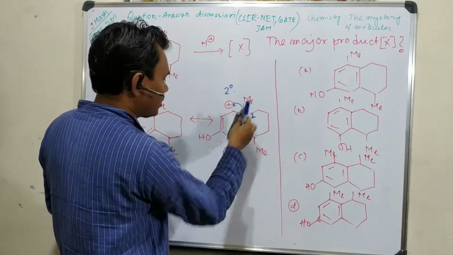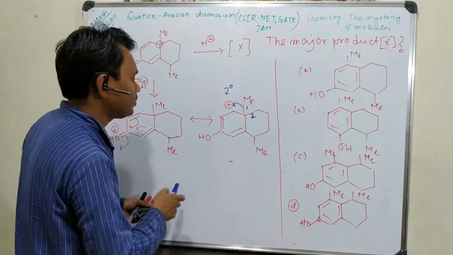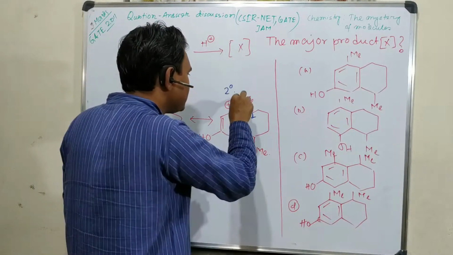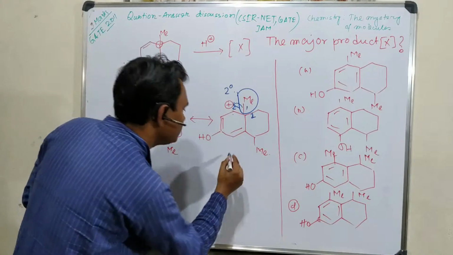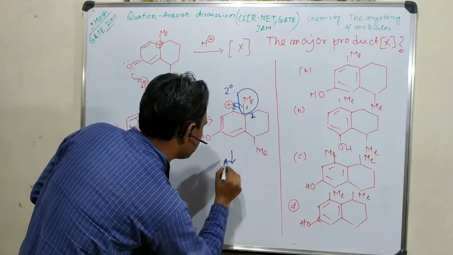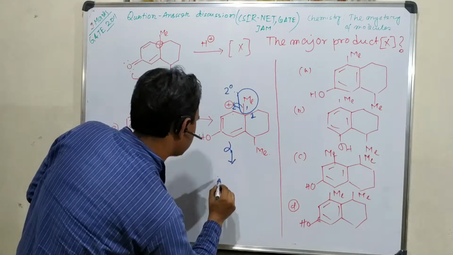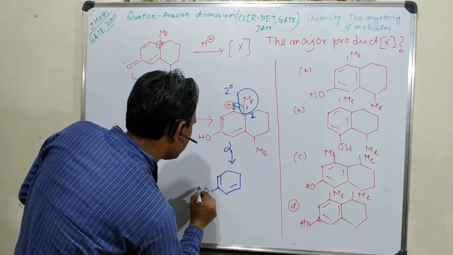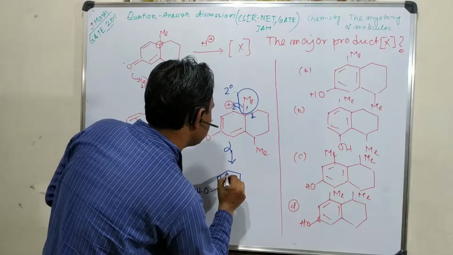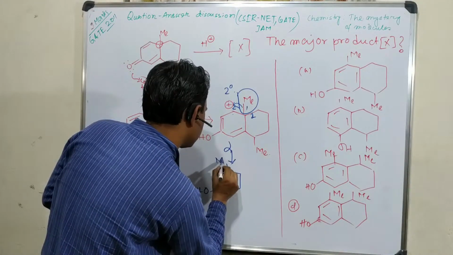Now after that a tertiary carbocation will form. What is happening? This methyl group is migrating here. What will be the consequence? The consequence is that the double bond and hydroxyl are unaffected, and the methyl group is here.